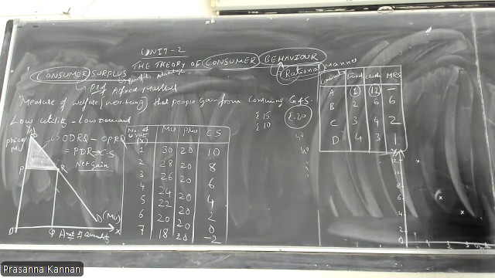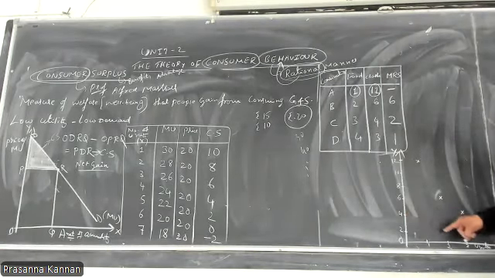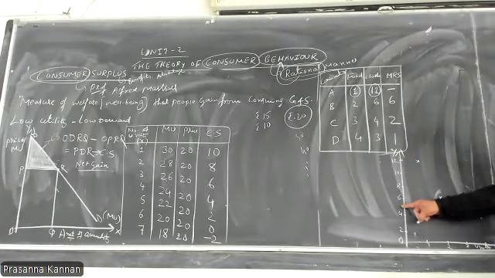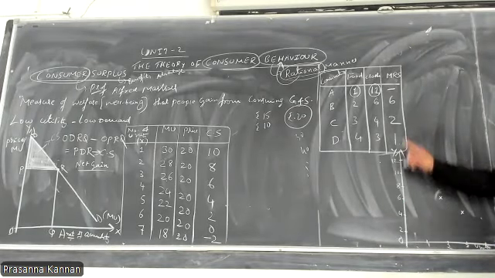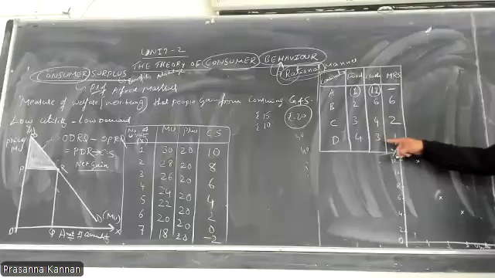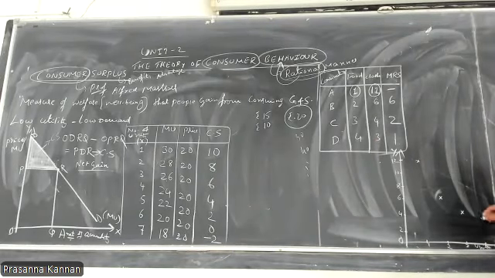Once again, 3 from this, 4 from this. 1 unit we are taking from this, 1 unit from this. OX, OY. Last one, 4 and 3. Here it is 4. 3 is just above 2.